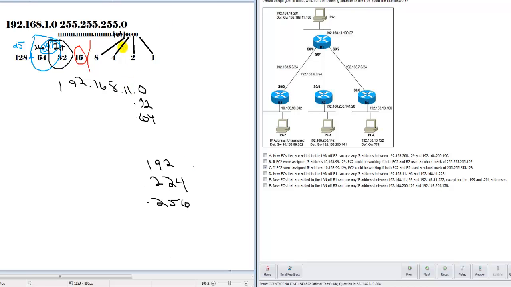Because 193 again is in this network, and 222 is in this network also, and it is usable. They're just trying to throw you off, well, except with .199 and .201. Yeah, okay, they're in here somewhere, but who cares? So yeah, that's valid.